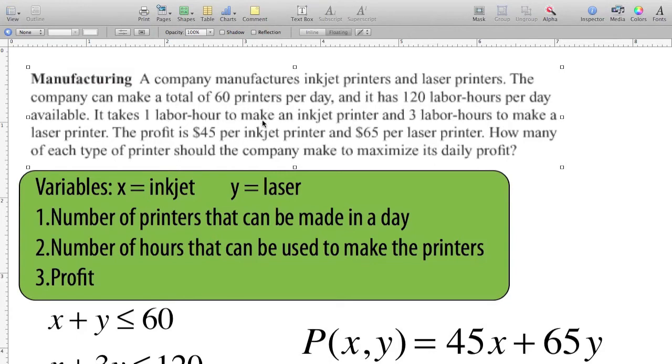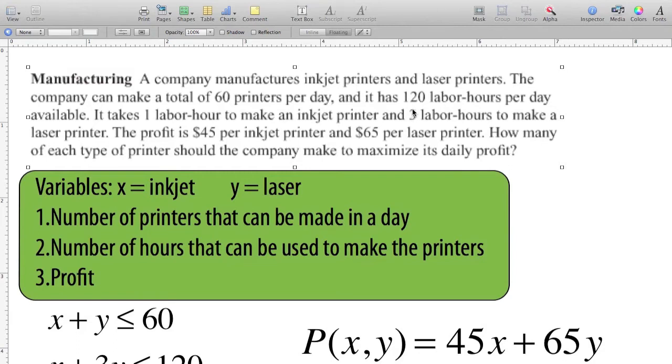This is talking about inkjets. That's x. And this is your laser. It takes 3 hours to make a laser printer, but I can only have 120 hours total. So if I multiply the number of hours for each one times 1 and then times 3, they can't add up to be more than 120.